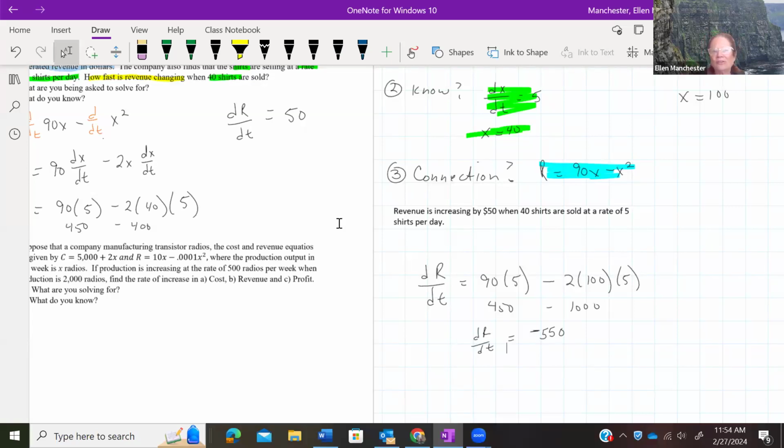So this is just using implicit differentiation in a business setting. You can actually throw numbers in there and go, okay, what's the best thing that I can do? My revenue was increasing by $50 when I had 40 shirts, but now my revenue is decreasing by $550 when I had 100 shirts.